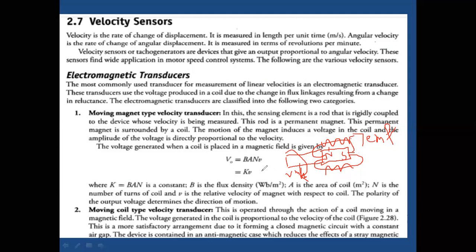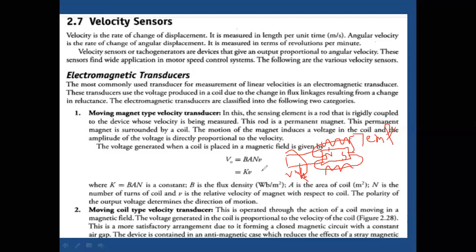The output is electromagnetic force, converted into a voltage signal, measured by the voltmeter, and then converted into digital. There is an energy conversion here: the initial input is rotational displacement, and the final output is digital velocity.